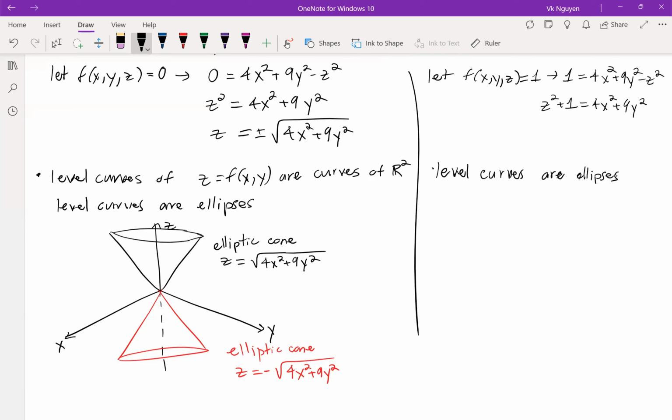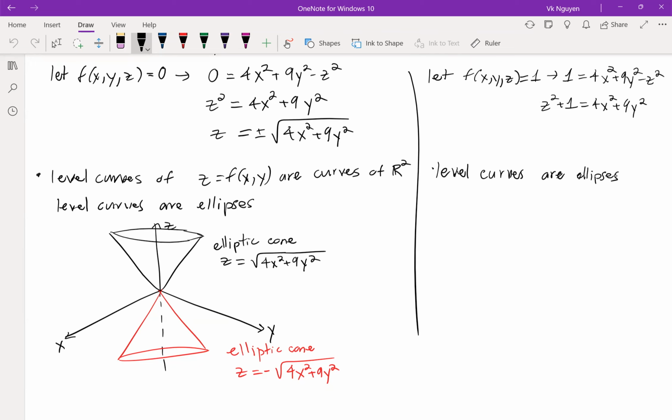The ellipses here are very different from the cone because of the z squared plus 1, so you do not get the same slope.